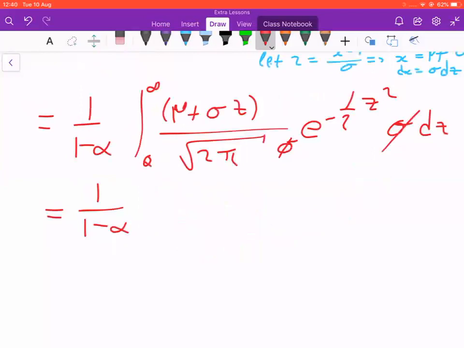And then you say, you can take out the mu. You have mu times the integration from q. Actually, it's going to be q minus mu over sigma.